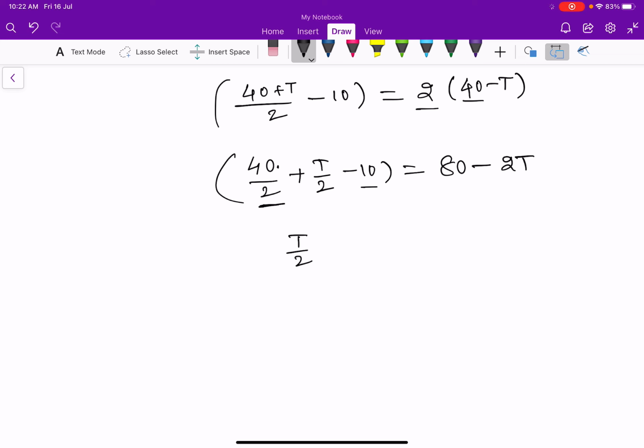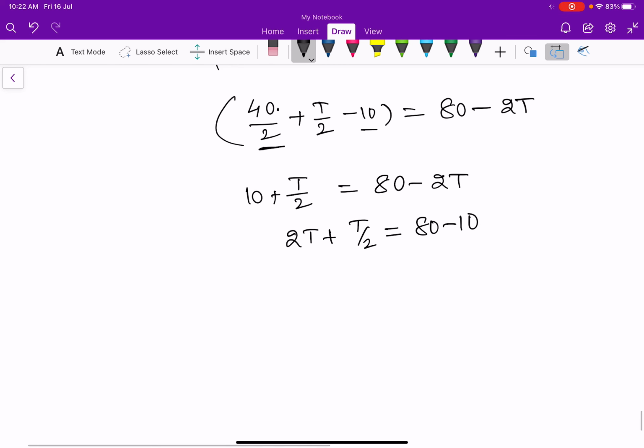So 10 plus T by 2 is equal to 80 minus 2T. So I am rearranging the terms. 2T plus T by 2 is equal to 80 minus 10.